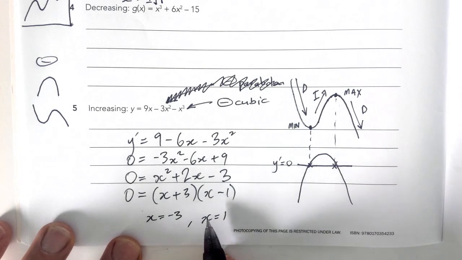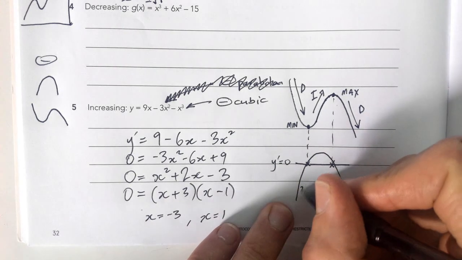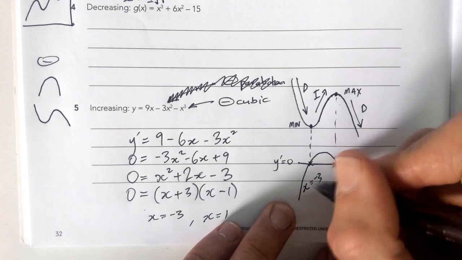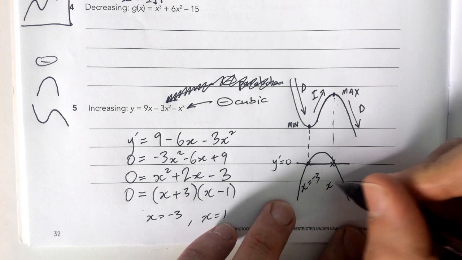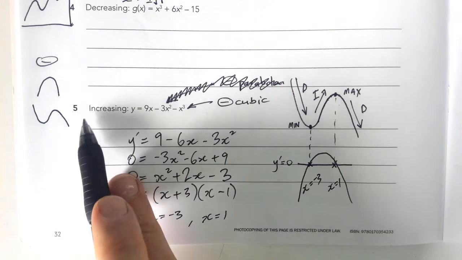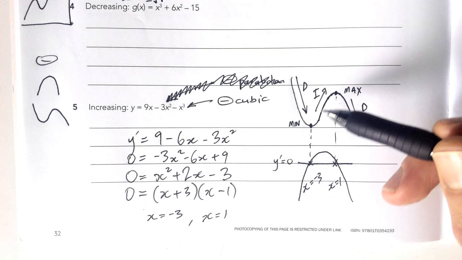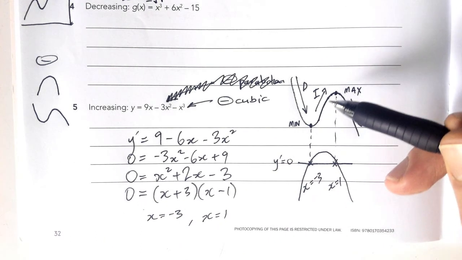Which one's going to be on the left? It's going to be the negative because it's lower, right? So it happens here. x equals negative 3 is going to be that point, and then x equals 1 is going to be the other point there. Okay, so where is it increasing? It's increasing between those two numbers. That's where we've got our increase.